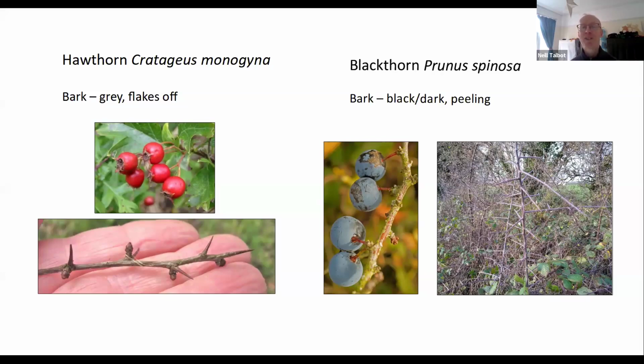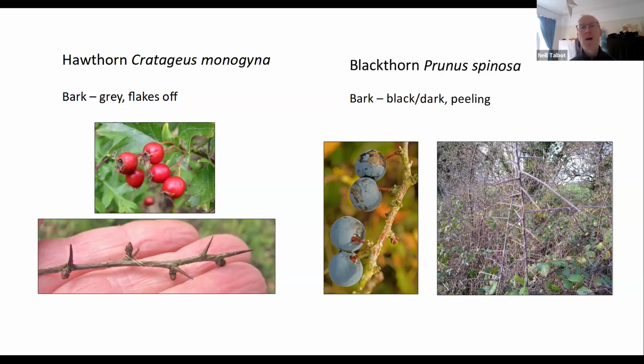In the summer, the leaves on the blackthorn are entire, just sort of cordate type linear leaves that are toothed rather than being deeply lobed, like the hawthorn leaves. So that is one difference.